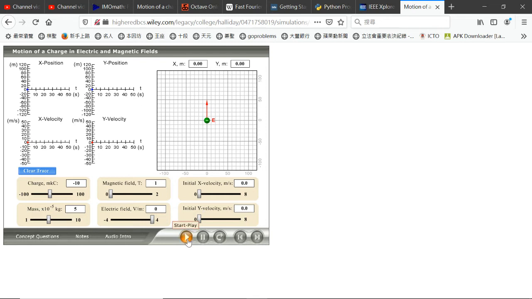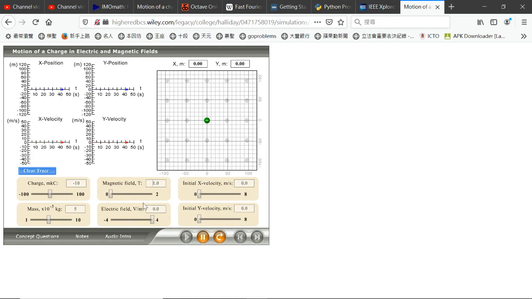Actually, what's the direction? Oh, okay, the direction is pointing outward, out of the page. What will happen? Nothing happens, it doesn't move because the charge doesn't move at all. So there is no Lorentz force.